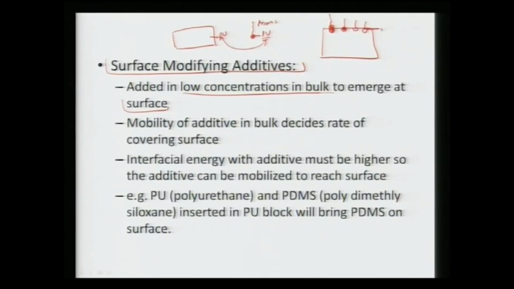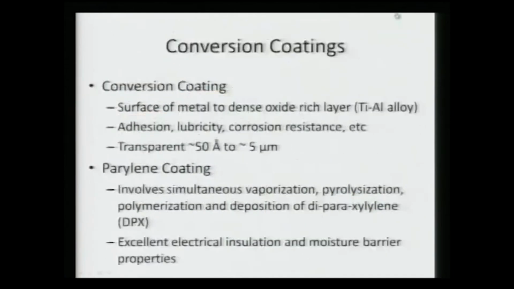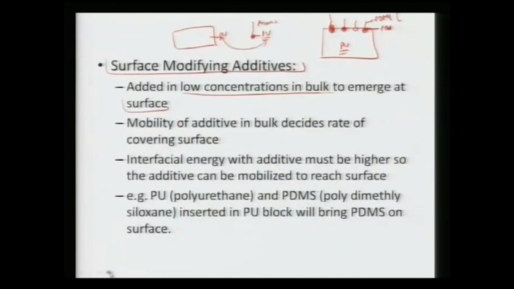So, the head groups are polyurethane and the tail groups are PDMS, which are just basically hanging out of the polyurethane matrix. Now it can impart a very high degree of hydrophobicity to this particular surface.